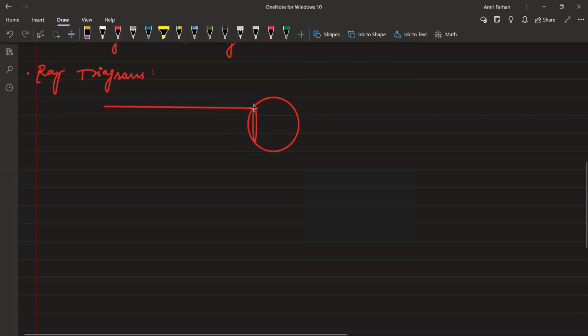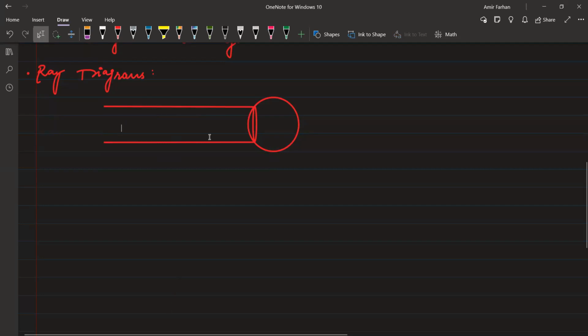So what will happen if the rays are coming from infinity, basically parallel to each other? They meet at the retina, but due to high converging power, yes Rayan, tell me. Sir, it will intersect, it will meet.